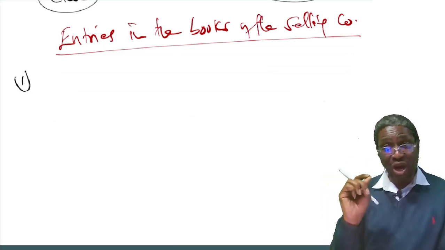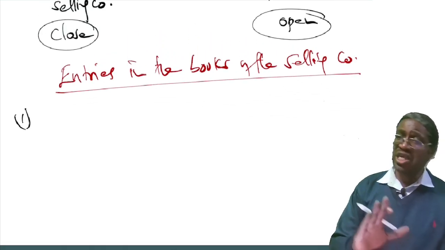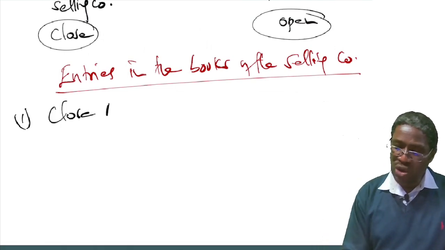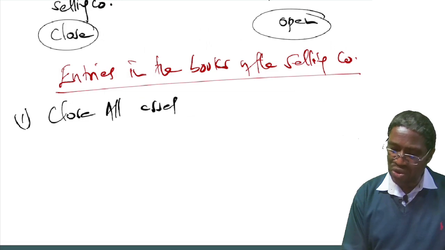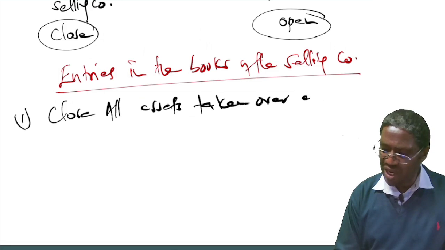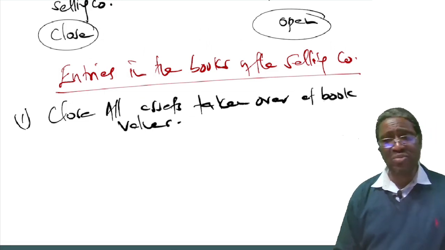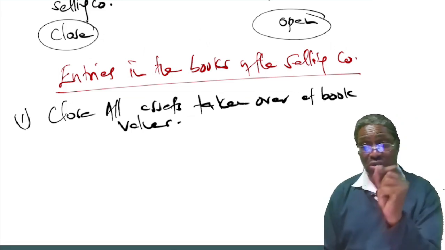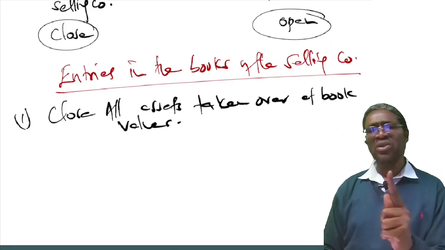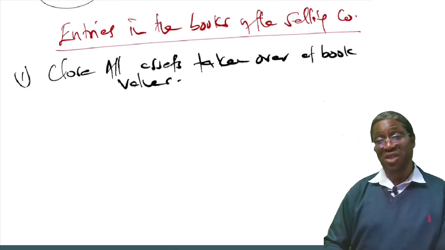So one thing you have to find out is which assets company A is giving to company B. So step number one is we close all assets taken over at their book values to an account we shall be calling a realization account.